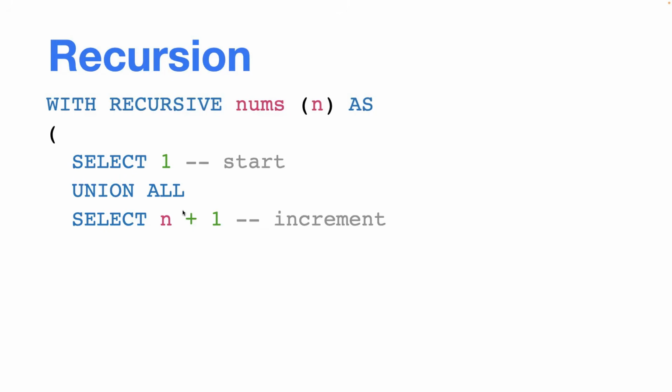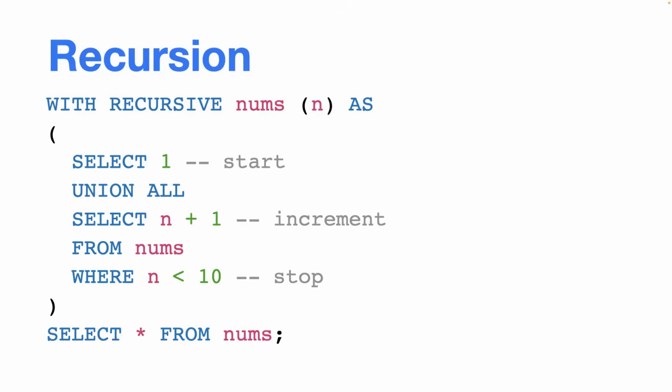So all we are doing here is creating another query which uses the CTE and the last value within the common table expression. And we select that. So basically there's generally a stopping condition like WHERE, and then we SELECT * FROM the common table expression. So that's one example of recursion.